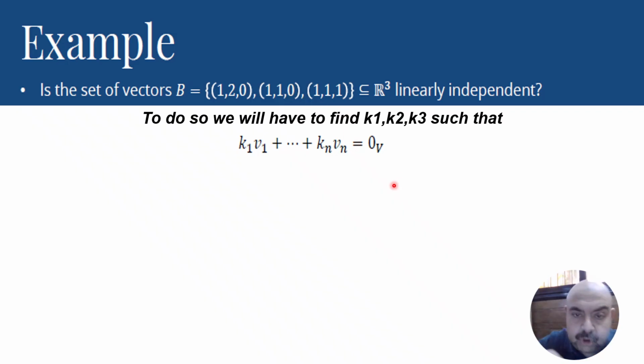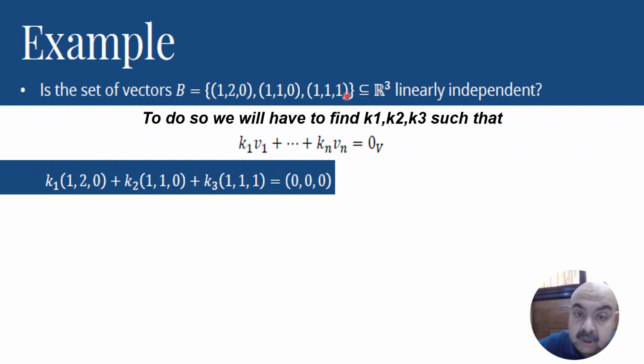So I'm searching for the right combination of coefficients such that once I use them with those vectors, the result will be 0. And this is very, very simple. We will have to solve the homogeneous system of equations, as I told you, which are three equations in three unknowns.